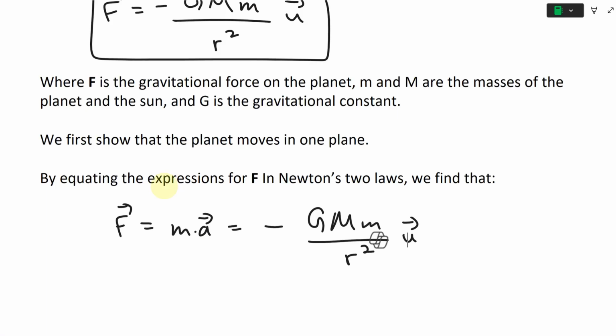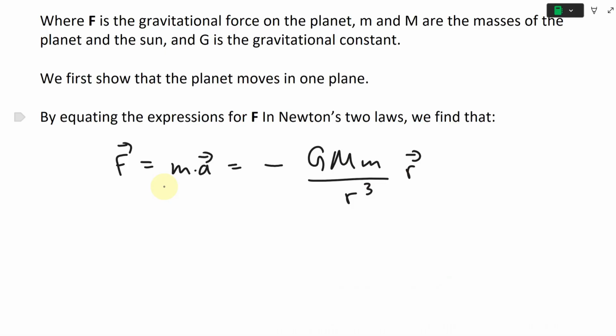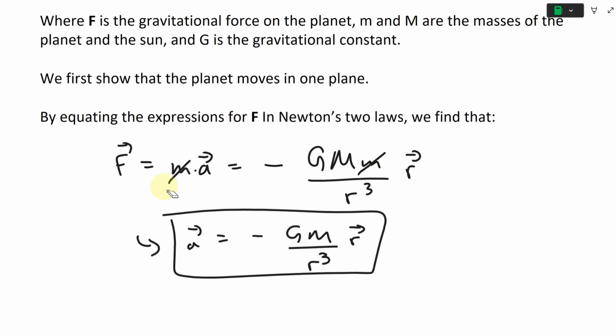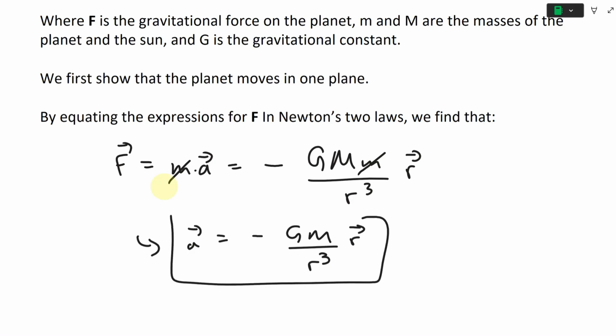Actually, before we get to the u vector, we'll use the normal setup: it goes to r cubed, and then the r vector. All we do is cancel the m's. So we have acceleration equal to negative G M over r cubed times the r vector. In other words, the acceleration is parallel to the position vector.